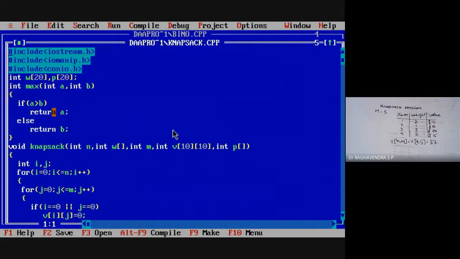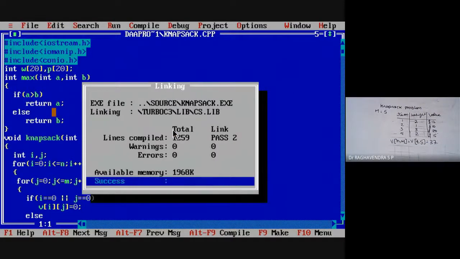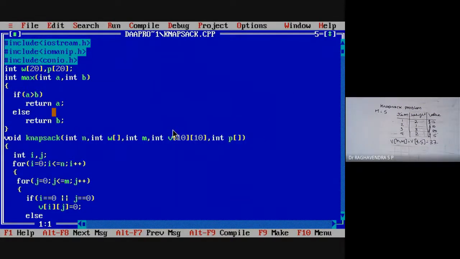This is a knapsack problem, and I'm going to compile. I'm going to run this.